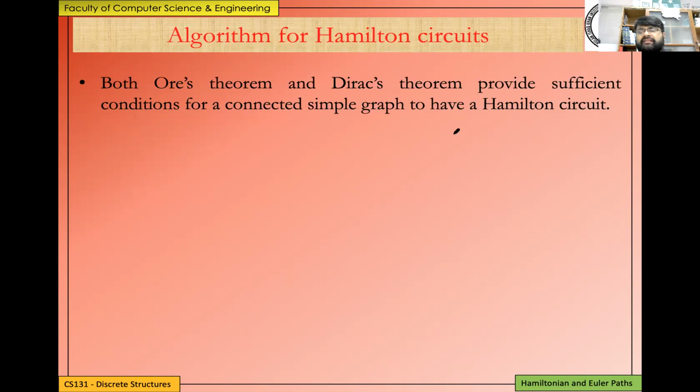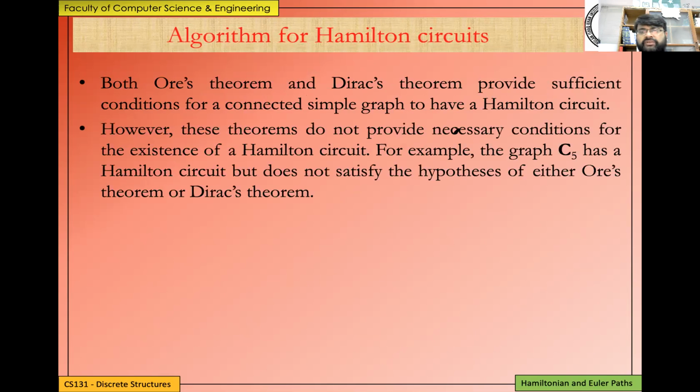However, note that both Ore's theorem and Dirac's theorem provide sufficient conditions for a connected simple graph to have a Hamilton circuit. These theorems do not provide necessary conditions. So if these conditions are true, then it's sufficient.